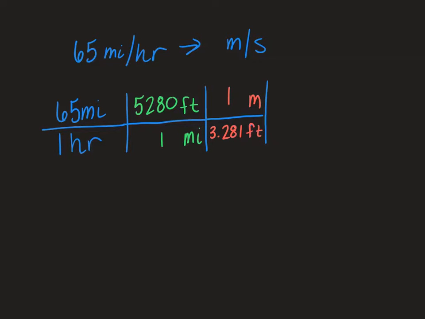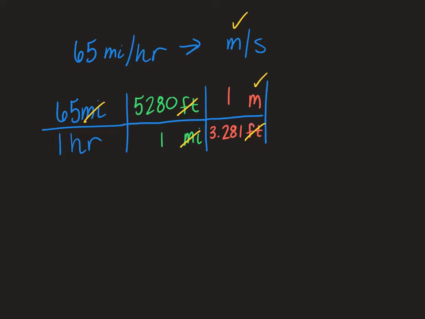You could also do 1 foot is however many meters. It just depends on what number you're using. But either one of these is perfectly fine. So now we got rid of miles, got rid of feet. Those numbers are still there, we're just crossing out the units. So we've got meters on top, which is what we need.